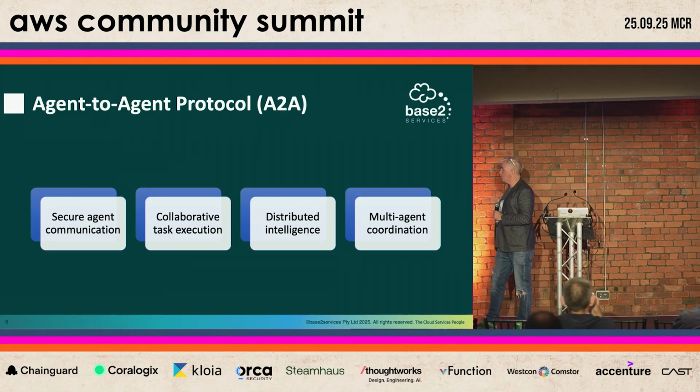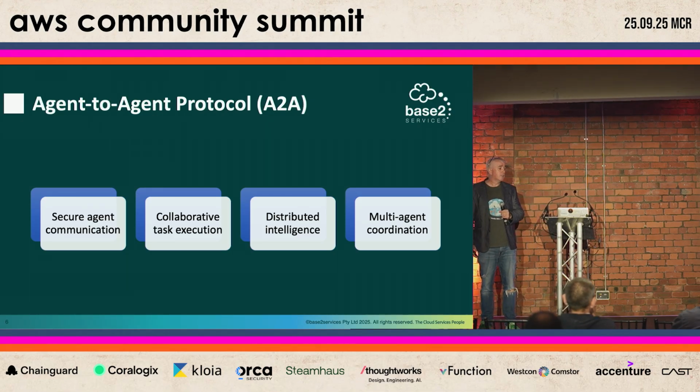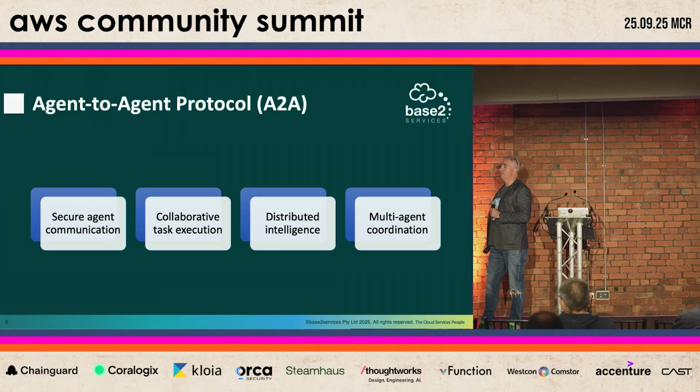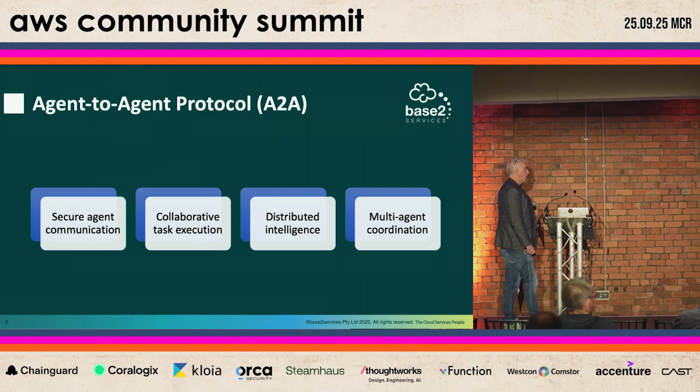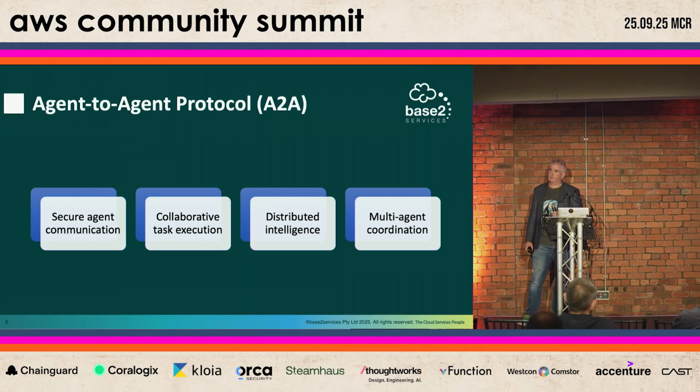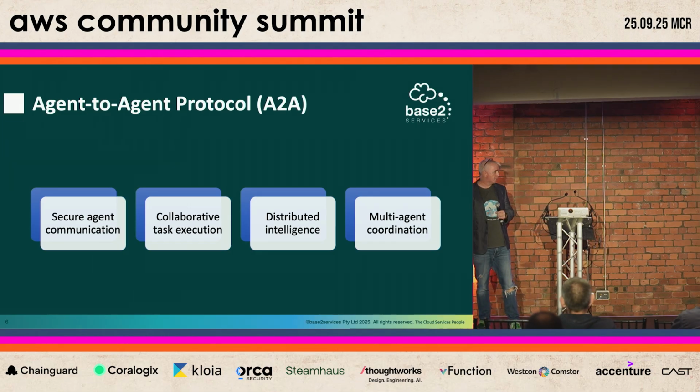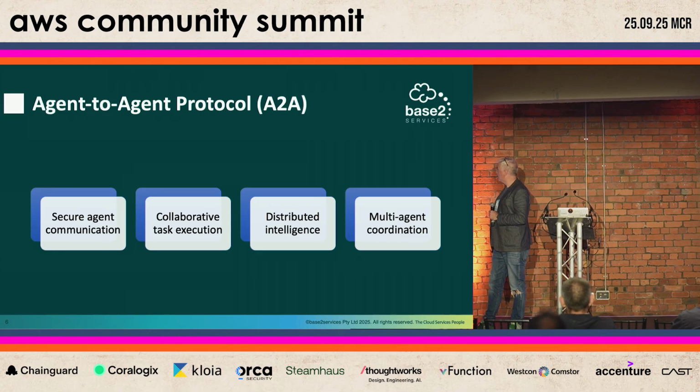It's a way that agents can discover other agents, and then coordinate to solve large complex tasks. It has built-in secure communication between the agents as part of the specification, whereas with MCP, authentication is kind of an add-on.